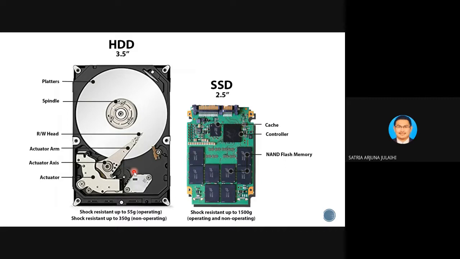So mechanical. If you look at SSD, it has a lot of chips inside the hard disk. So both of these are hard disk. SSD uses electronics components and electronics technology, so it doesn't have moving parts.